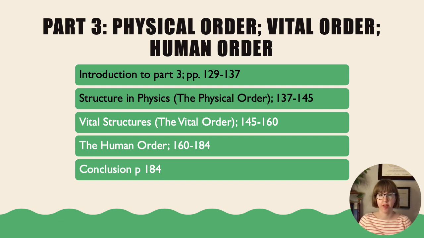Okay, so here I have the breakdown of part 3. The title is The Physical Order, the Vital Order, the Human Order. I find this part of the book very exciting, coming from some knowledge about Gestalt theory and Gestalt as a concept, form as a concept being of interest to me. This is where he starts to really dive in.